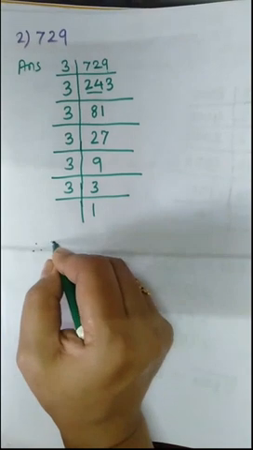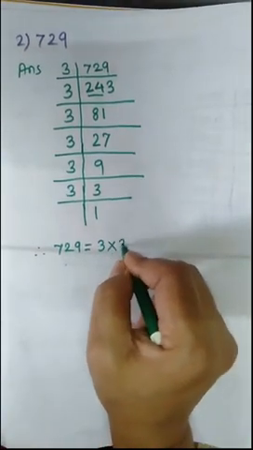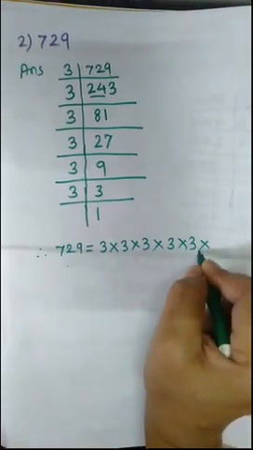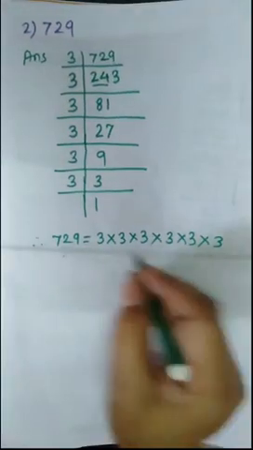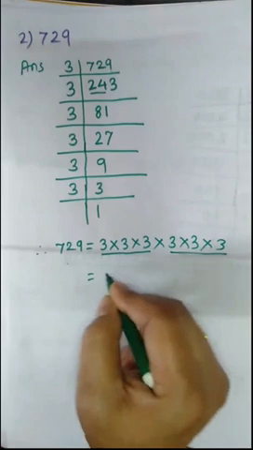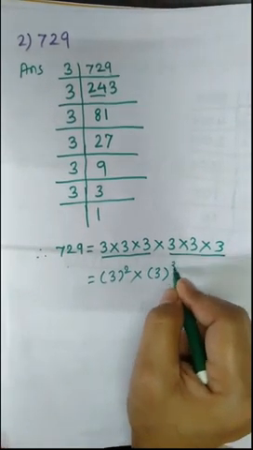So therefore 729 is equal to 6 times multiplication of 3. 1, 2, 3, 4, 5, 6. So make groups of 3 numbers. So 3 square multiplied by 3 square.